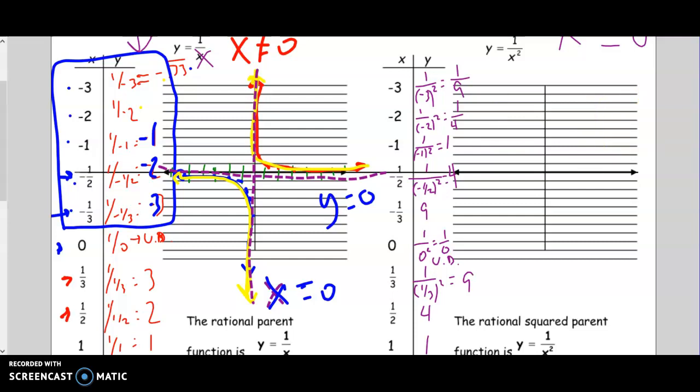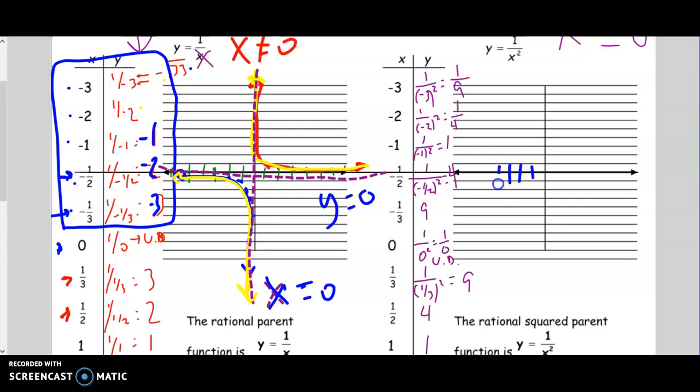When x is larger than 1, the y values shrink a lot quicker than 1 over x because you're squaring it. If x is less than 1 here, the y values grow fast, 4 and 9, because we're squaring as well. All right, -3, 1, 9.